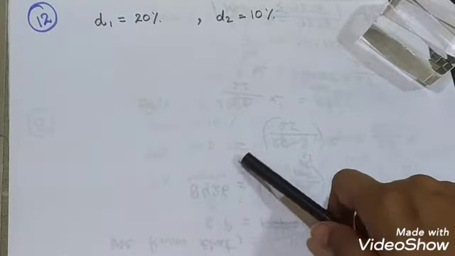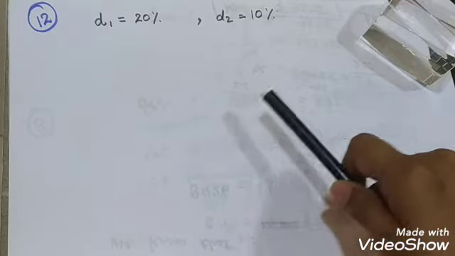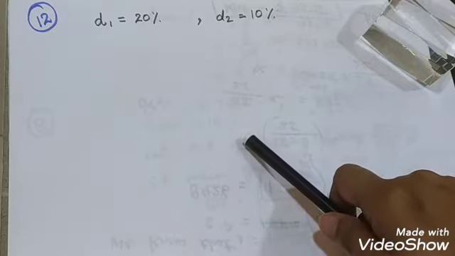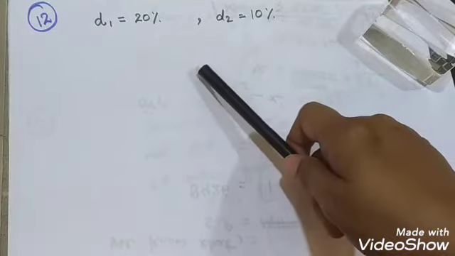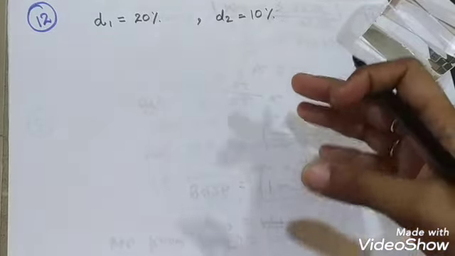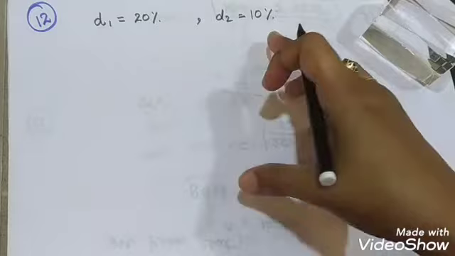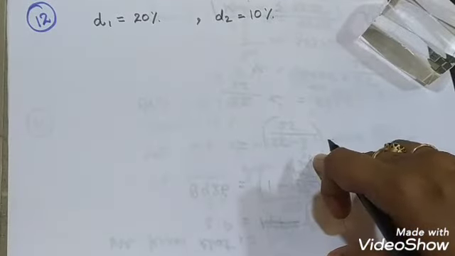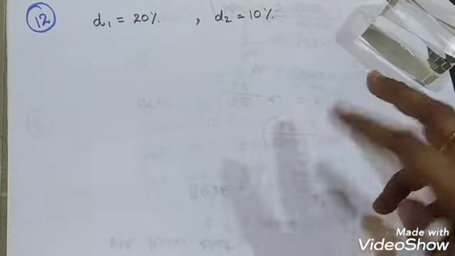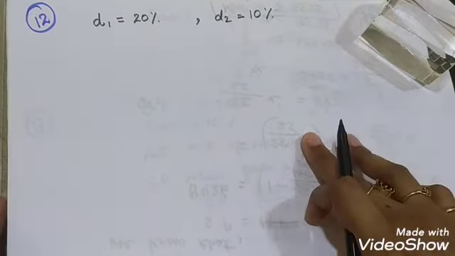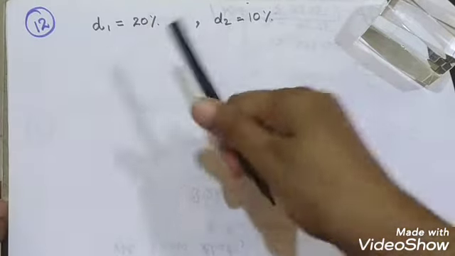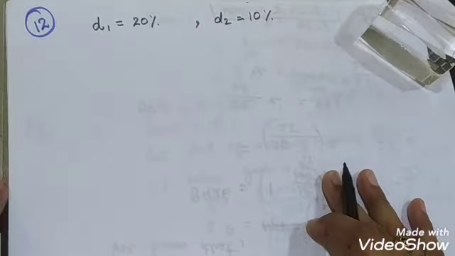Successive discount means one after another. Suppose a shopkeeper gives you a discount of 20% and then says after 20%, whatever is the price, I will give you another discount of 10%. Means two discounts back to back are called successive discount. So you need to find an equivalent discount which is equivalent to these two successive discounts.